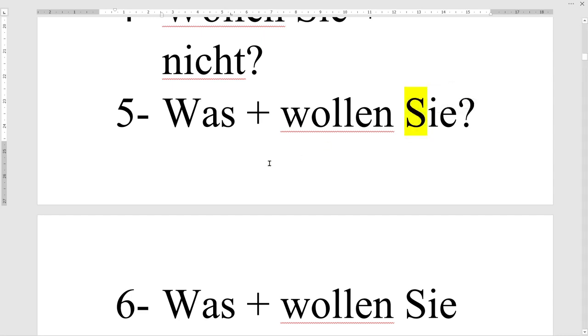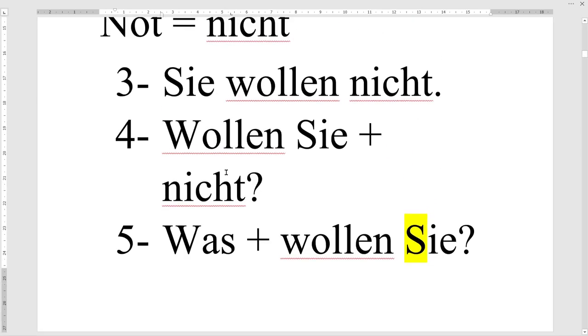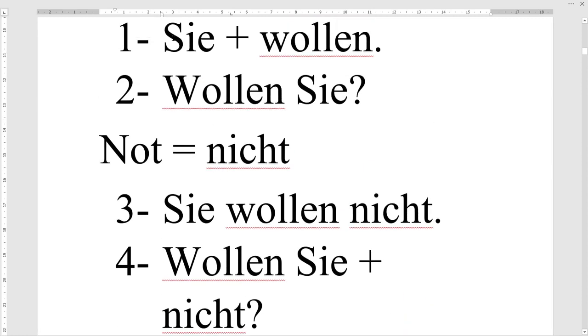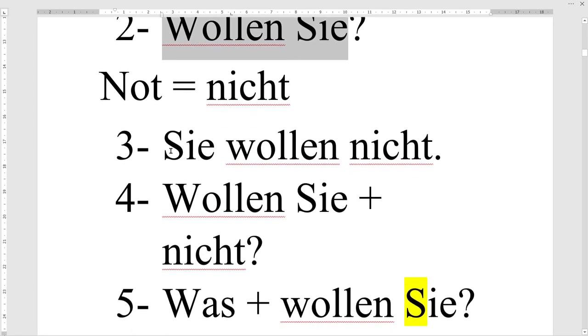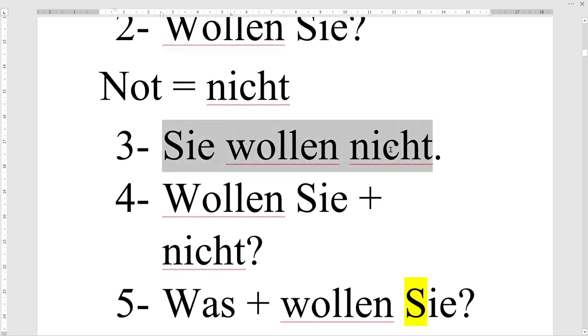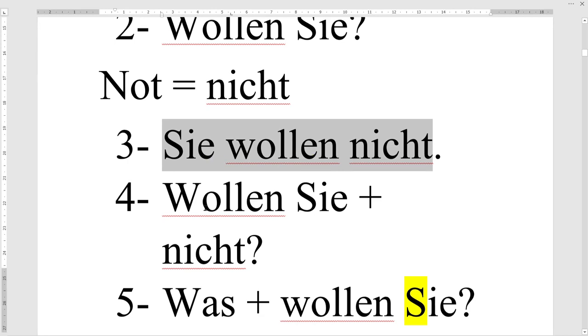Now, we formed 6 sentences in German. This is a declarative sentence: Sie wollen means you want. This is a declarative question: wollen Sie means do you want. Now, this is a declarative negative sentence in German: Sie wollen nicht.